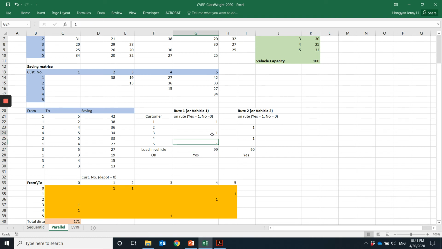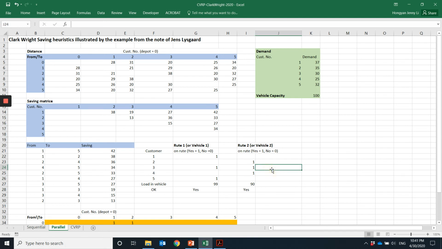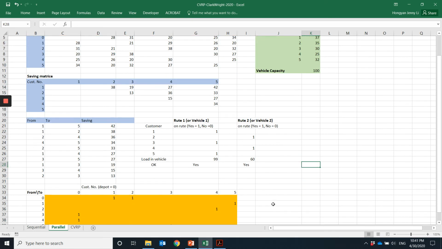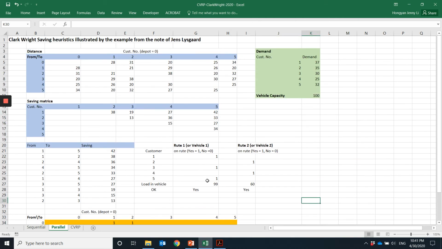You would ask what if I put customer 3 in the second route. Let me try. Capacity-wise it is okay, but here you can see connecting customer 2 and customer 3 together gives a lower cost saving. That's why I connect customer 3 in the first route.